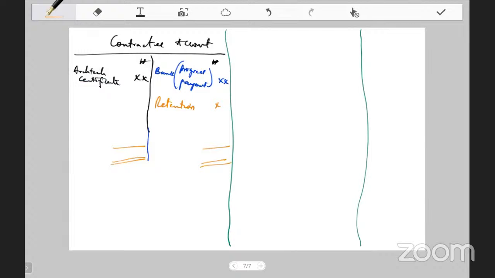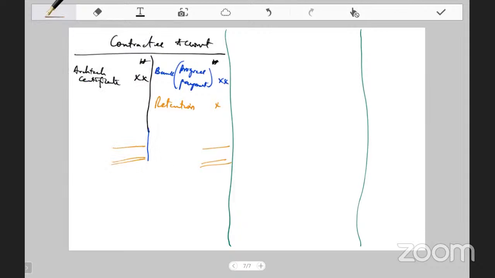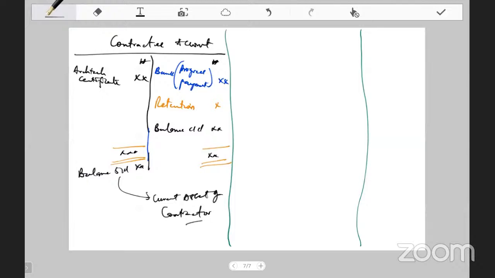So that in case what the contractor did flops, maybe he did the wrong job, or what the contractor has done does not meet the standard, you will just collect that. So you will retain the money. So these are the amounts. Any balance that you have left here, which is the balance brought down, please class, is always taken to current assets of the contractor because it means that is still an amount collectible.